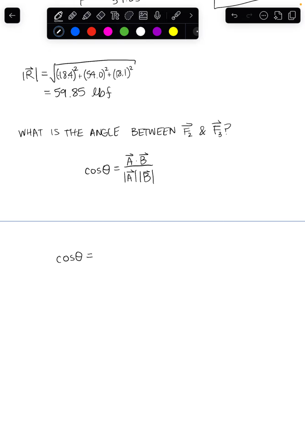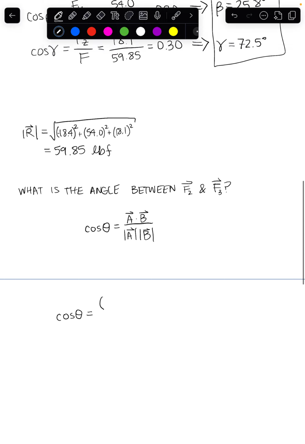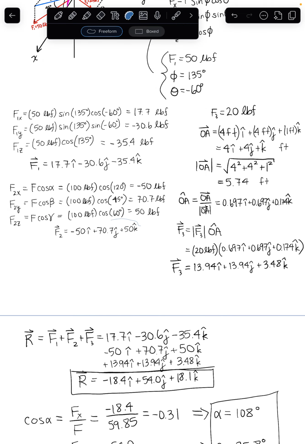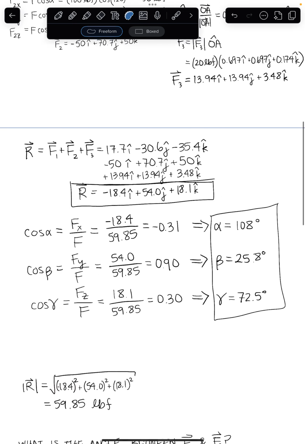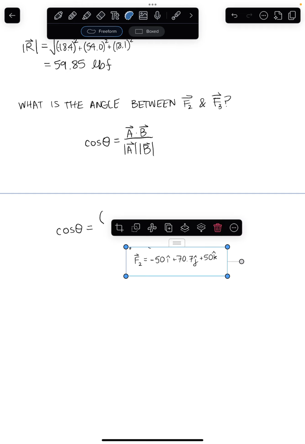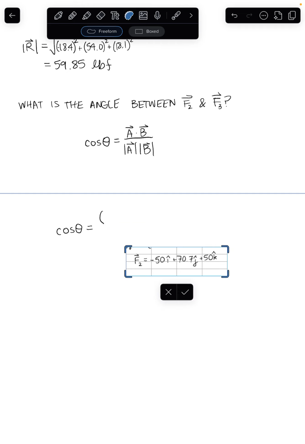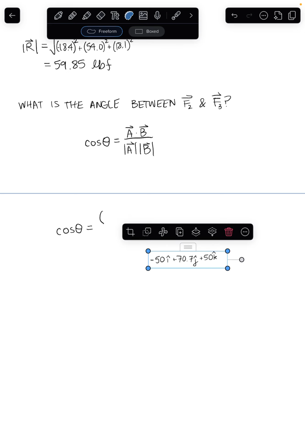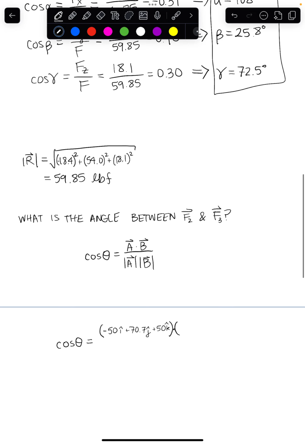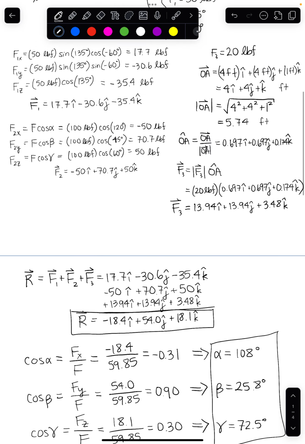Cosine theta is equal to, now we need F2, which is this one here. We just need that part. And then dot to F3, which is here.